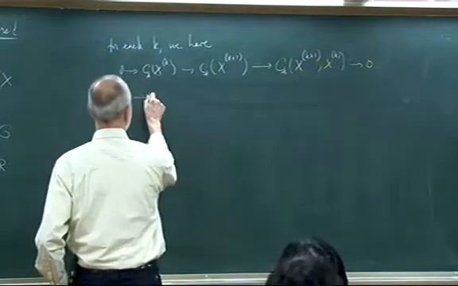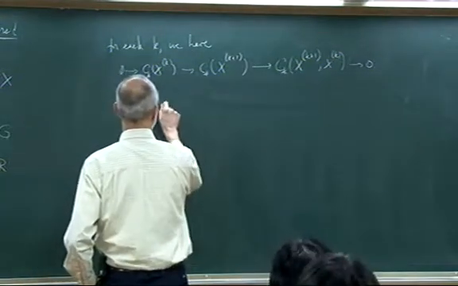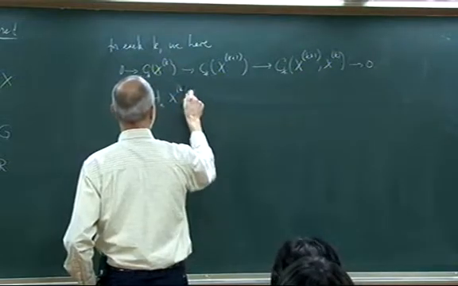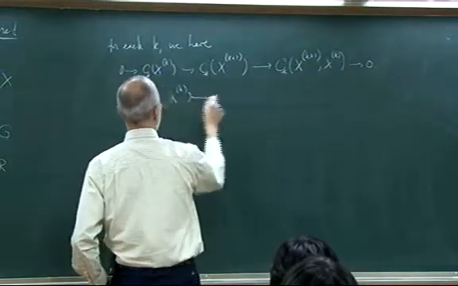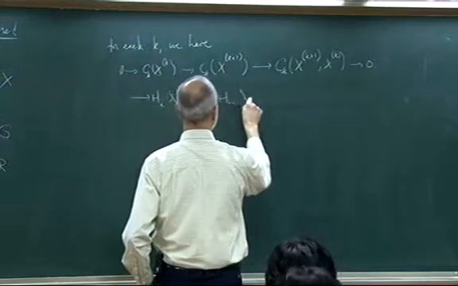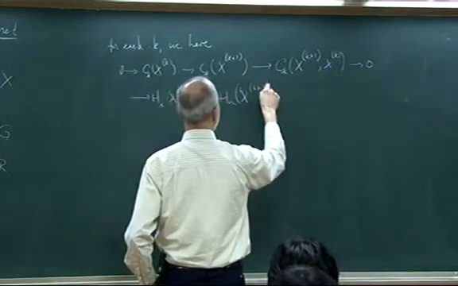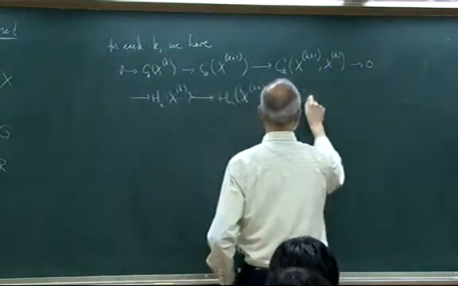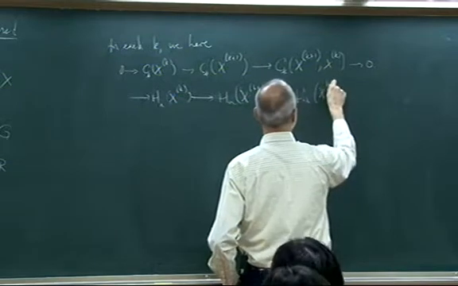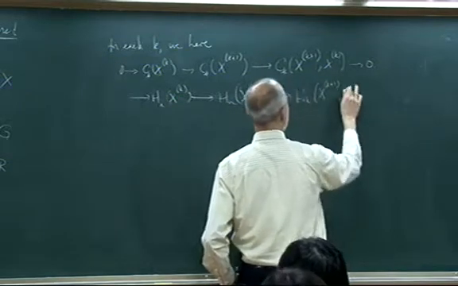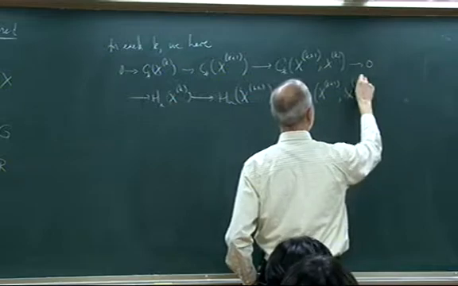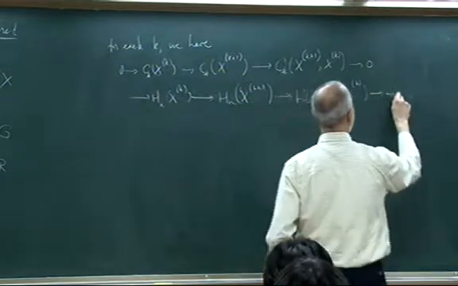So we have H_n of X_k reduced by H_n of X_{k+1}, and then we have the relative groups.